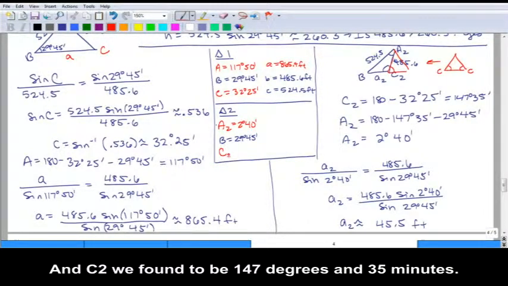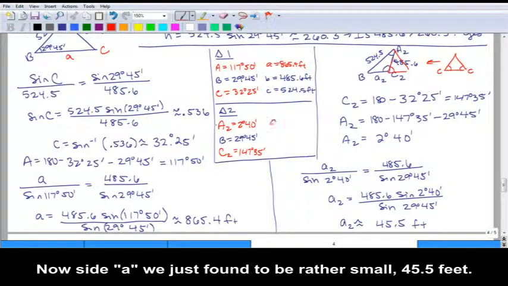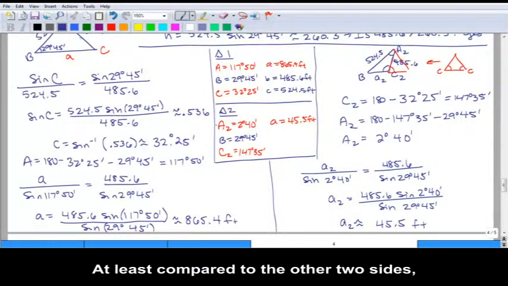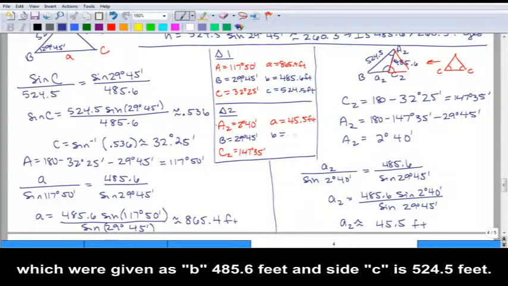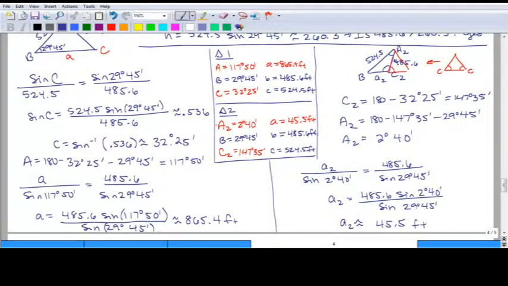And C2 we found to be 147 degrees and 35 minutes. Now side A we just found to be rather small, 45.5 feet, at least compared to the other two sides, which were given as B, 485.6 feet, and side C is 524.5 feet. So those are our two triangles.